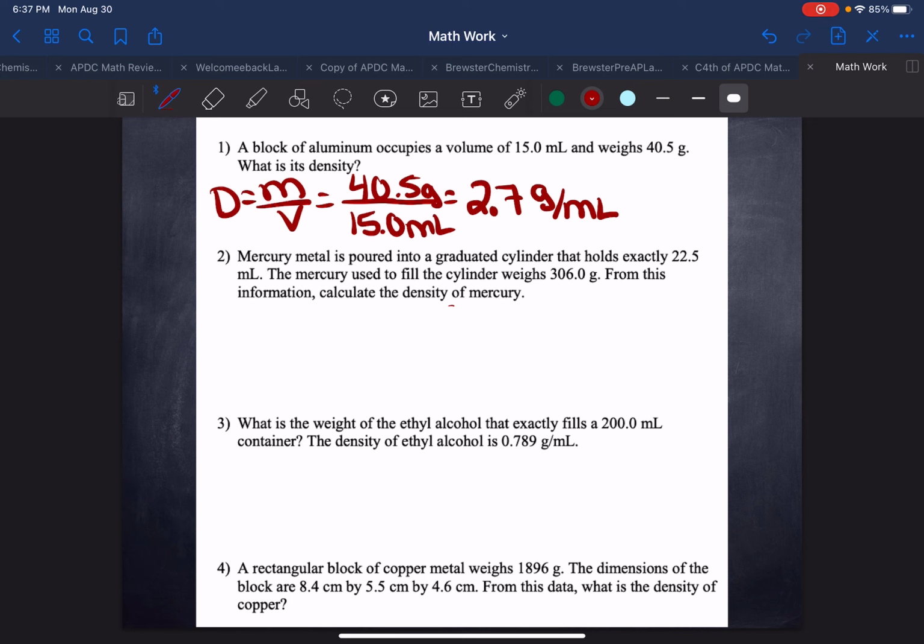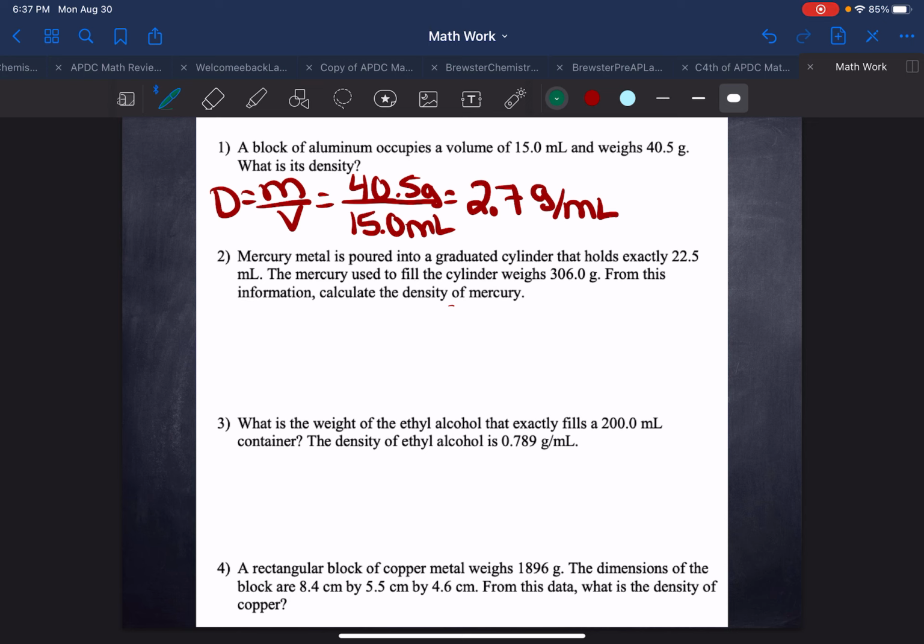Problem number 2. Mercury metal is poured into a graduated cylinder that holds exactly 22.5 milliliters. The mercury is used to fill the cylinder that weighs 306.0 grams. From this information, calculate the density of mercury.